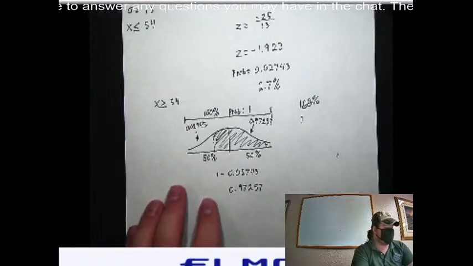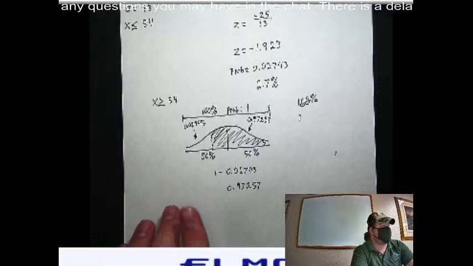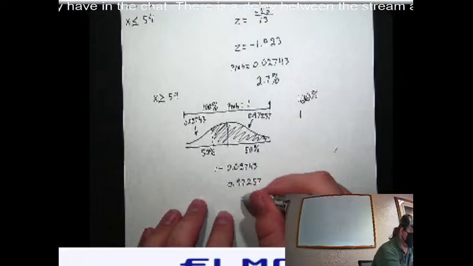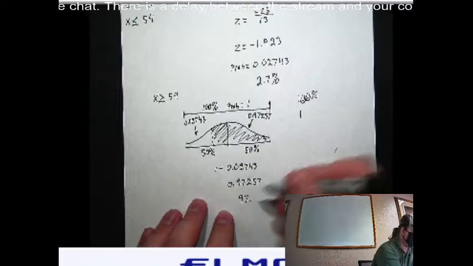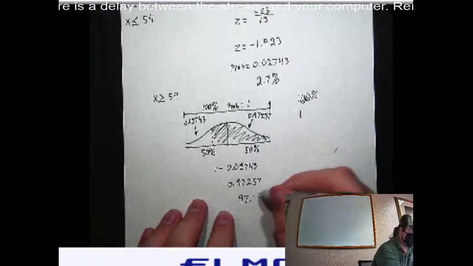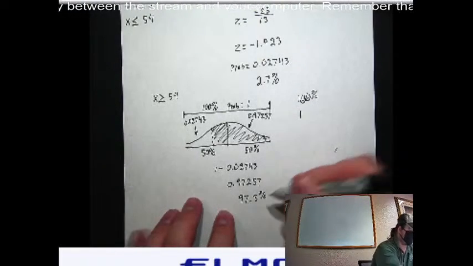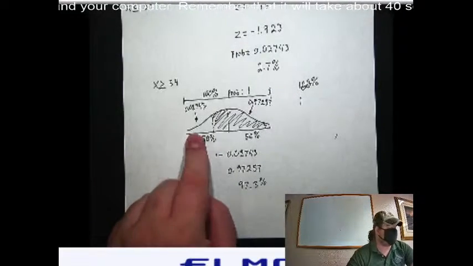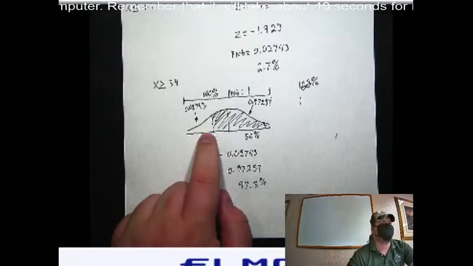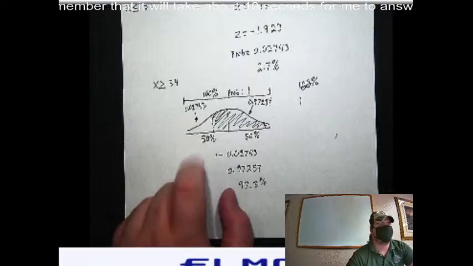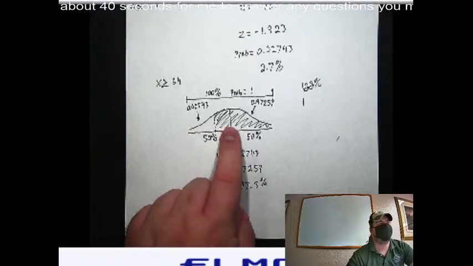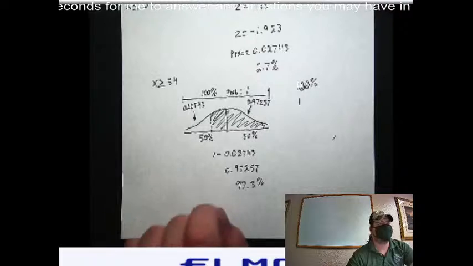So, we can say, if we move this decimal, that about 2.7% of our data is here in the unshaded region. But about 97.3% is here in the shaded region.